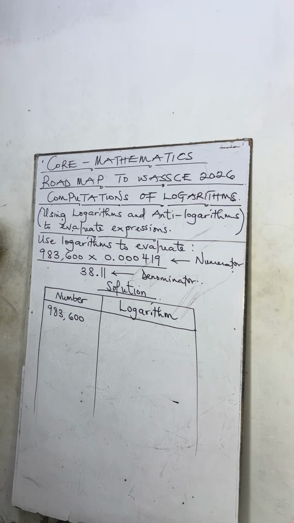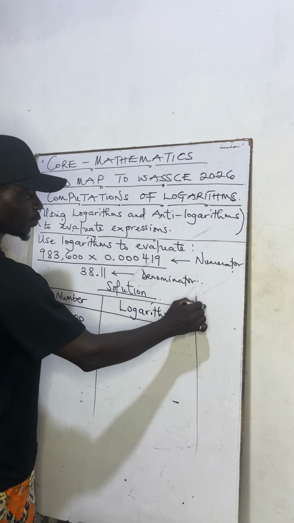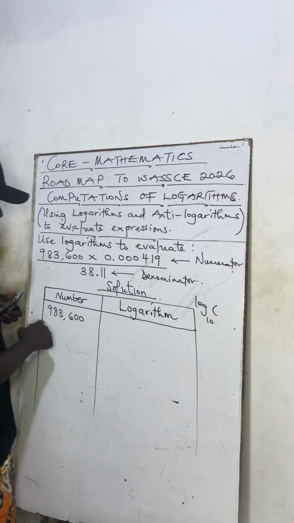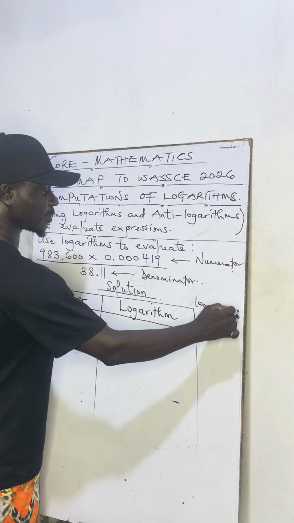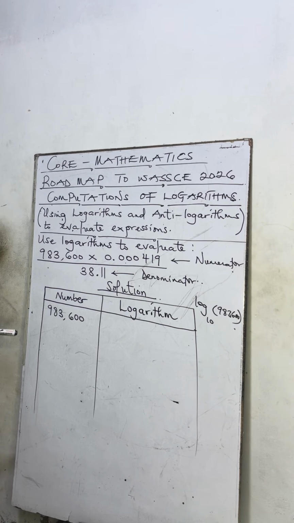There is no decimal point. So if there is no decimal point, then changing it to logarithm is straightforward: you take log to base 10 of the said number, 983,600.